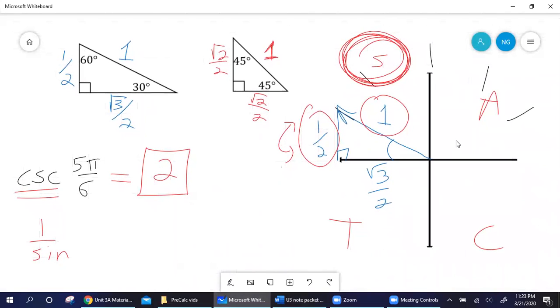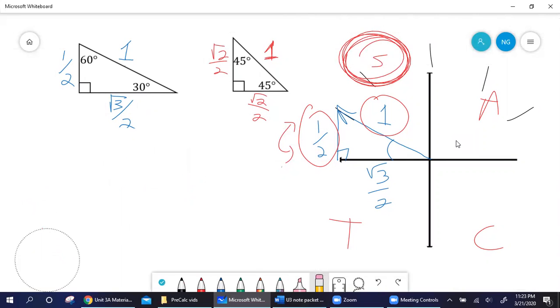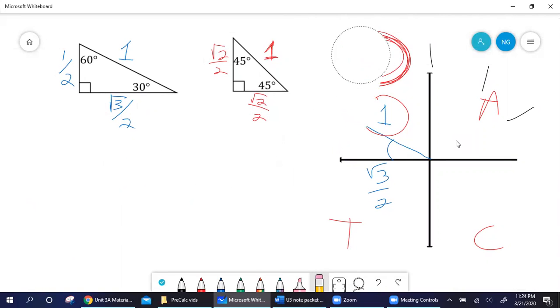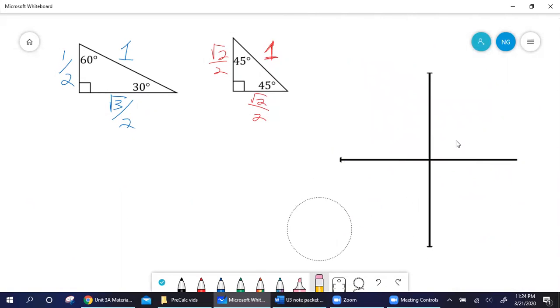For the next one, now we're looking at it in degrees, but it doesn't matter if we're in degrees or radians. We still do the same thing. This one wants the sine of 315 degrees. Well, 315 is down in the 4th quadrant. It's a 45-degree angle reference. So I'm going to build my 45 triangle.